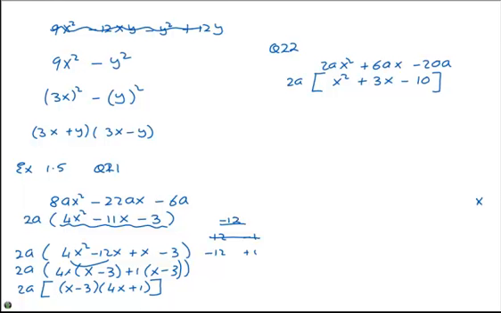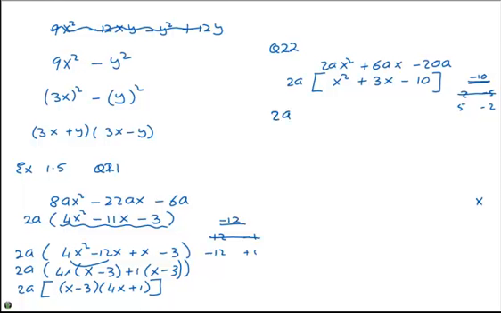Dealing with the part inside the square brackets, the guide number there is minus 10. So you need to look up and see if you can figure out your numbers. So we know it's going to be 2 and minus 5, or 5 and minus 2. We just have to decide which one it is. That one won't work. When we add them together, it gives us minus 3 instead of plus 3.